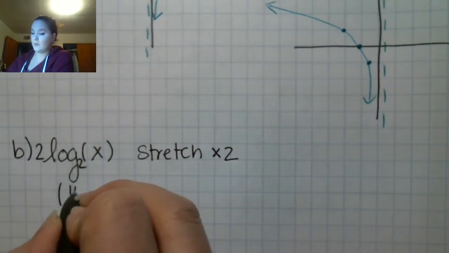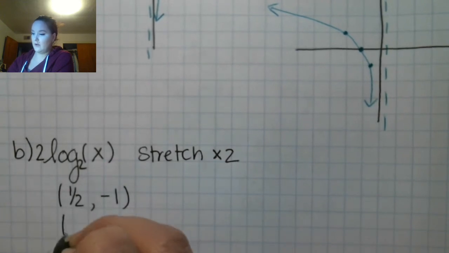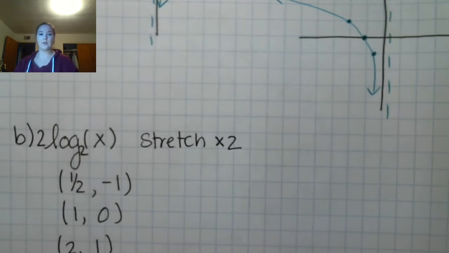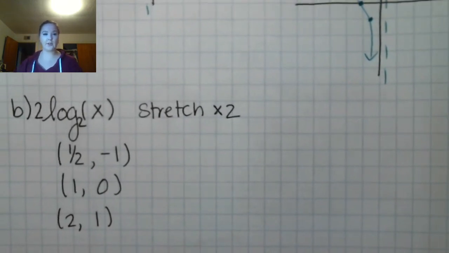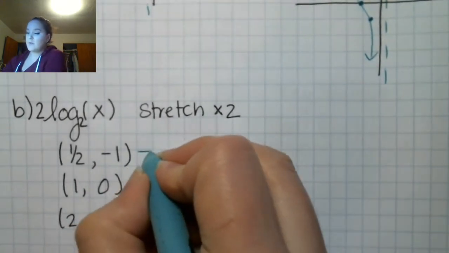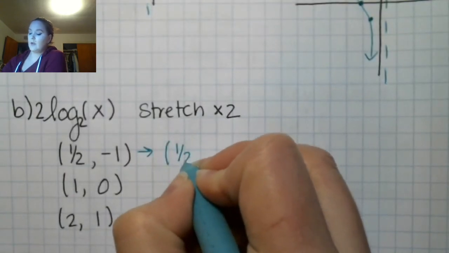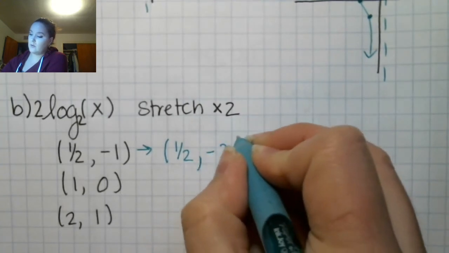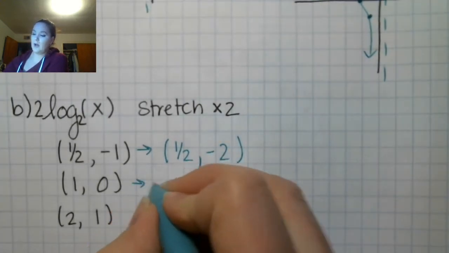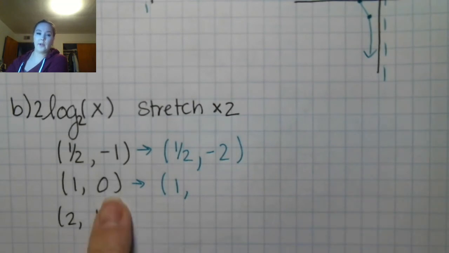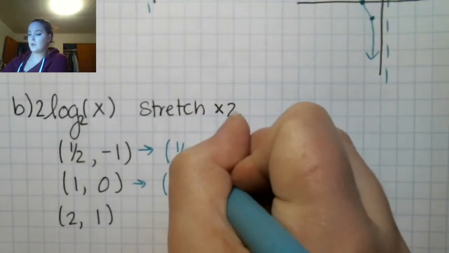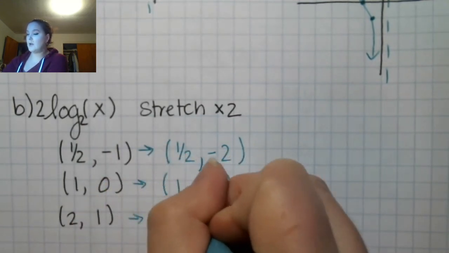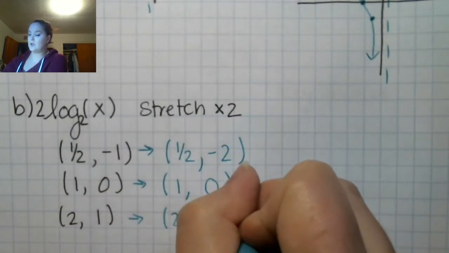Our original key points were 1/2, -1, 1, 0, and 2, 1. When we're stretching it vertically, the x-coordinate is going to stay the same, so we'll still have 1/2, but the y-coordinate is going to be multiplied by 2, so we'll get -2. Same here, x-coordinate is the same, y-coordinate is multiplied by 2, 0 times 2 is 0. And same here, x-coordinate is the same, y-coordinate is multiplied by 2.